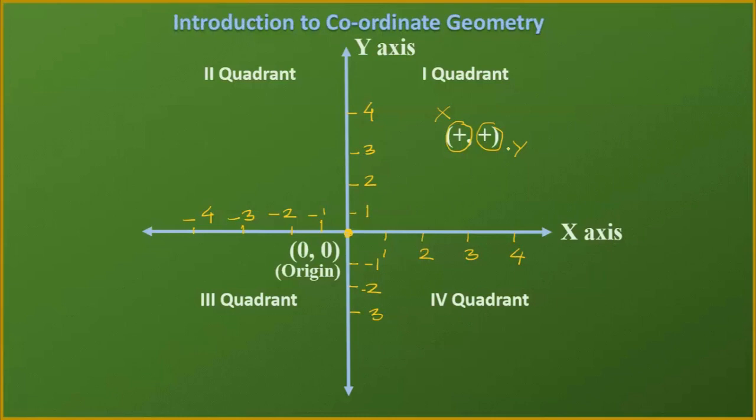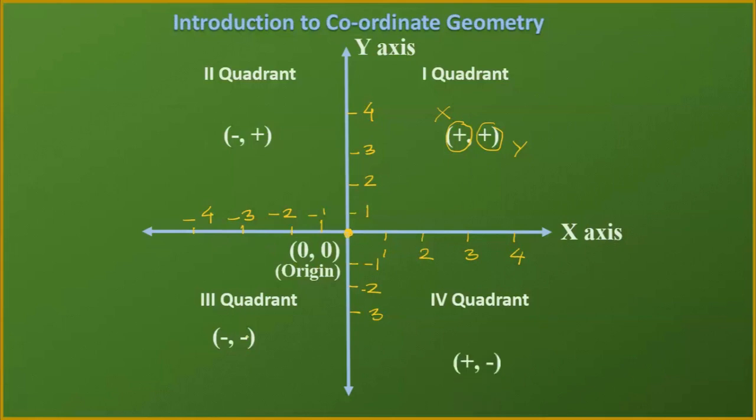Similarly, if any coordinate comes in the second quadrant, then its x coordinate will be negative, because on the x-axis it is the negative part, and on the y-axis it is the positive part. So in the second quadrant, the x coordinate is negative and the y coordinate is positive. In the third quadrant, both are negative: x-axis and y-axis are both negative.